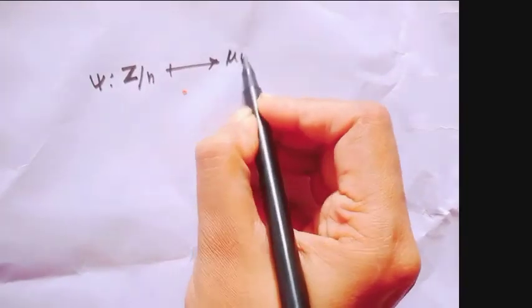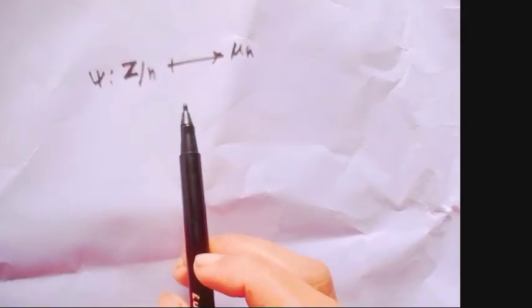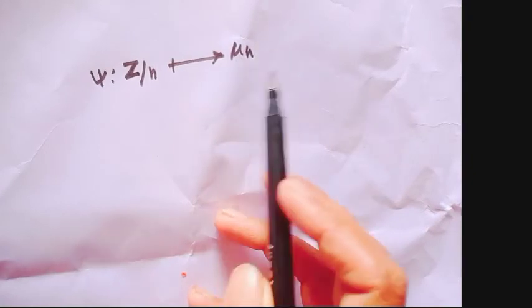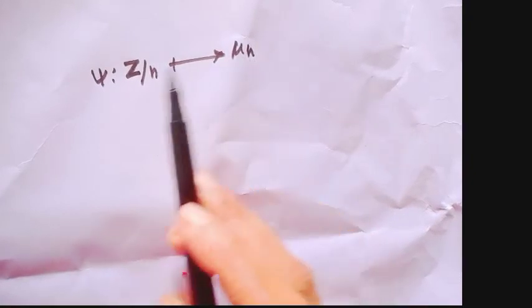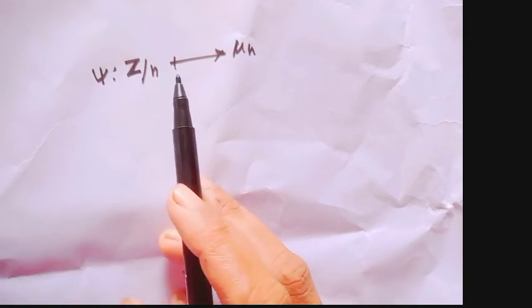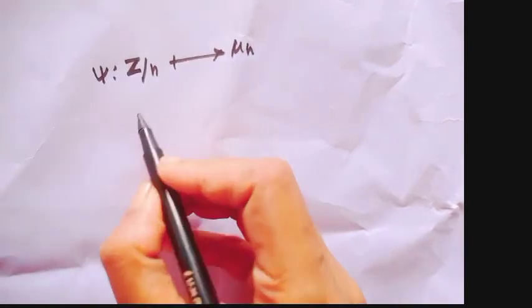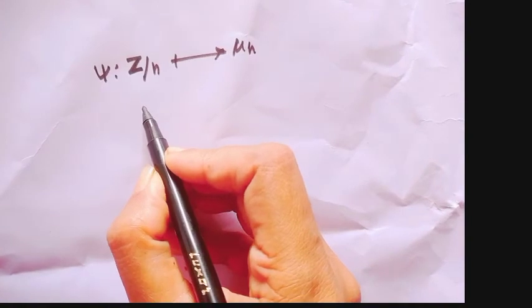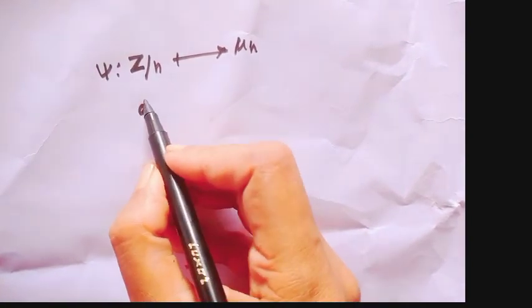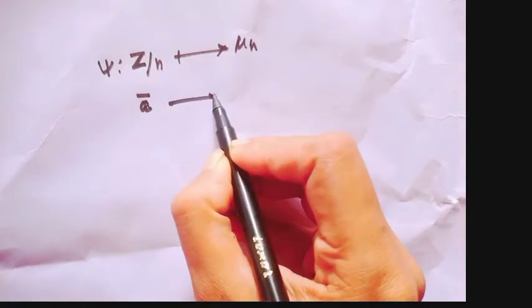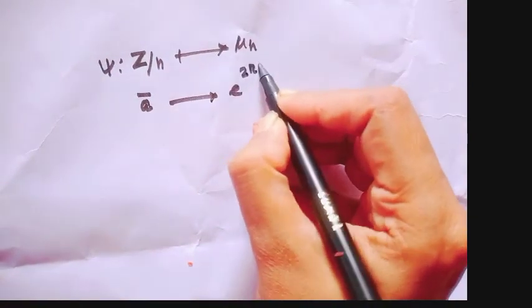Okay? If you consider another map psi from Z mod n to mu n, where Z mod n is a cyclic group of order n and mu n is the set of all nth roots of unity. Actually, Z mod n is the group of residue classes modulo n. Then this map is defined as, given residue class a bar, mapped to e to the power 2 pi i a bar over n.